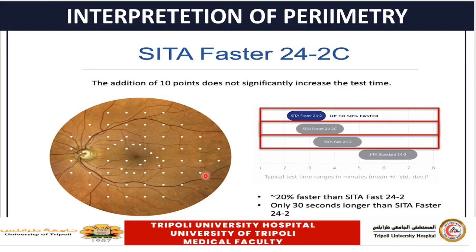And this test is 20% faster than the theta standard 24-2 and only 30 seconds longer than the theta fast 24-2. So even with the addition of these 10 points, there is no significant increase in the test time.